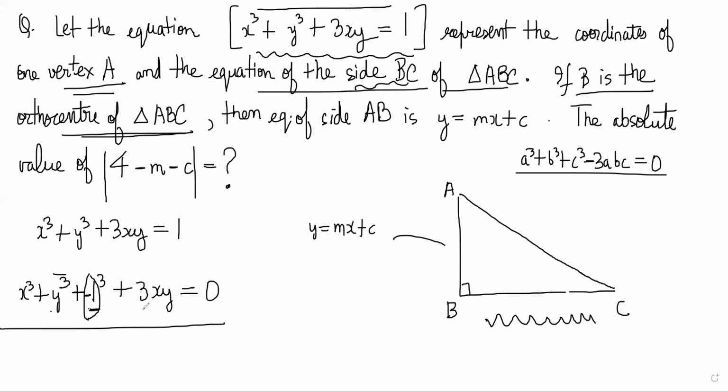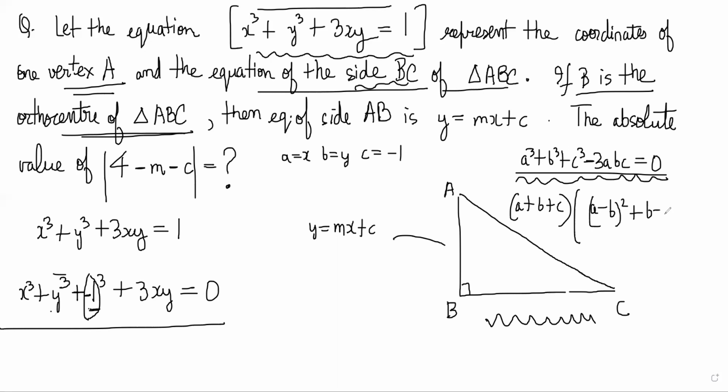So the factorization of this is what? It is a plus b plus c into a square plus b square plus c square minus ab minus bc minus ca, which you can write as a minus b whole square plus b minus c whole square plus c minus a whole square by 2. Does everyone know this factorization?